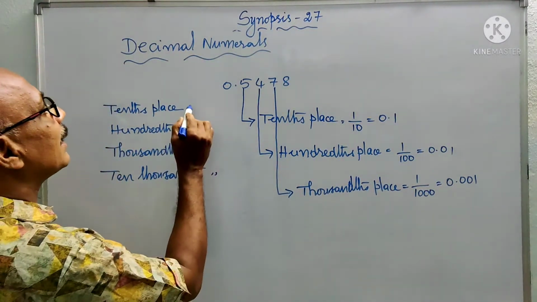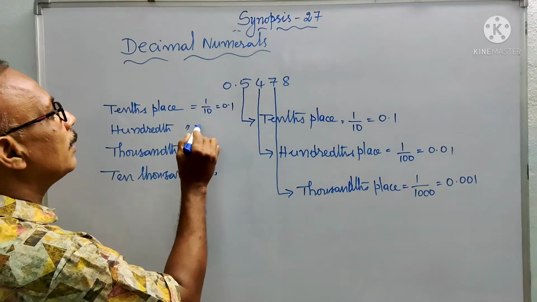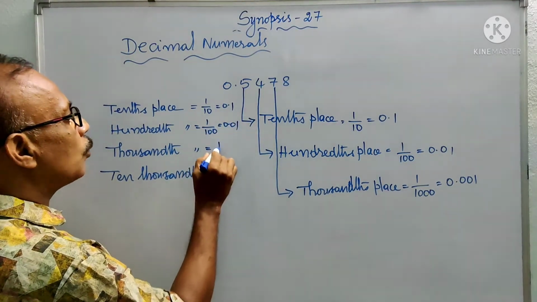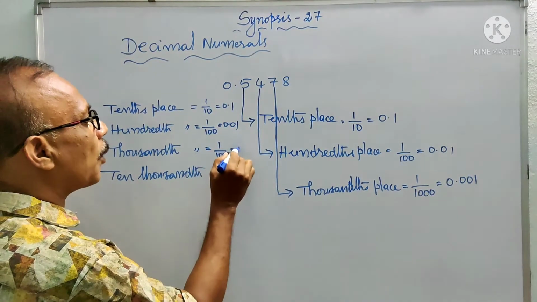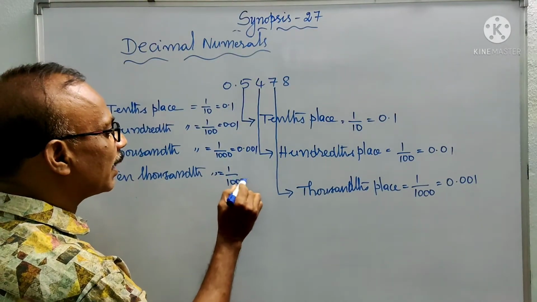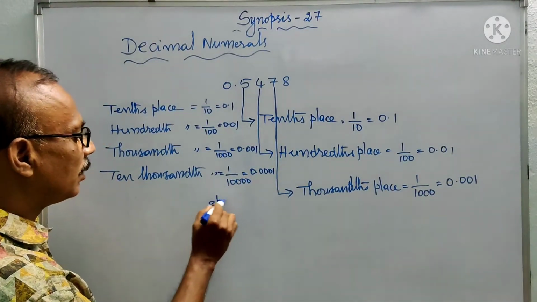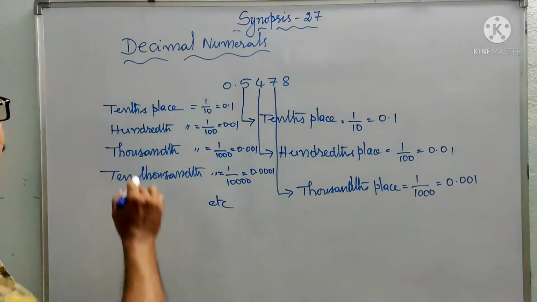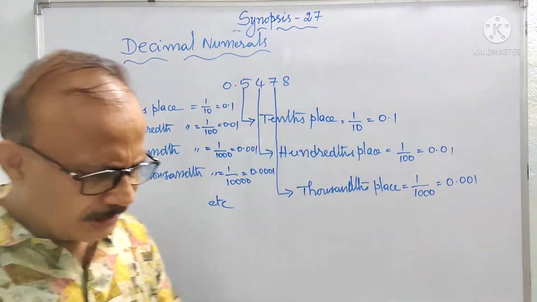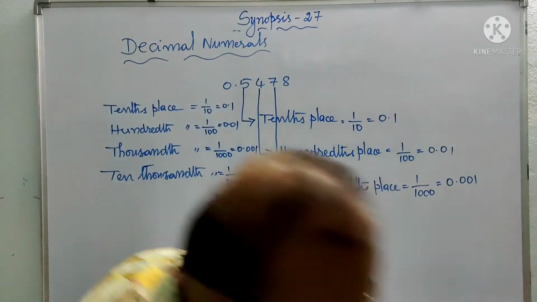So the values are: tenths place value 1 by 10, which is 0.1; next 1 by 100, 0.01; 1 by 1000, that is 0.001; 1 by 10,000, that is 0.0001, etc. So this is how we have place values in decimal numerals.